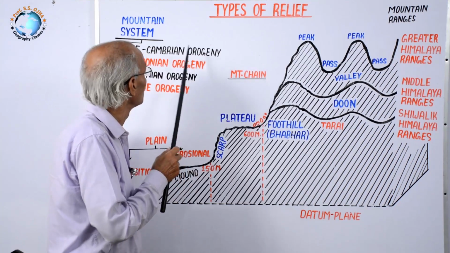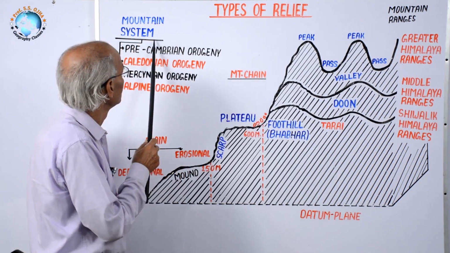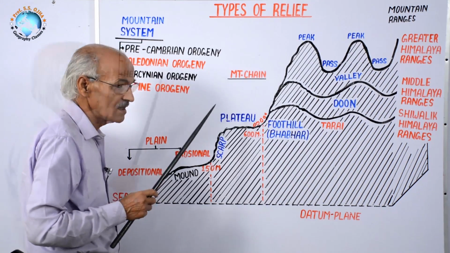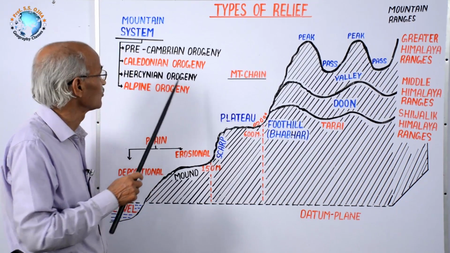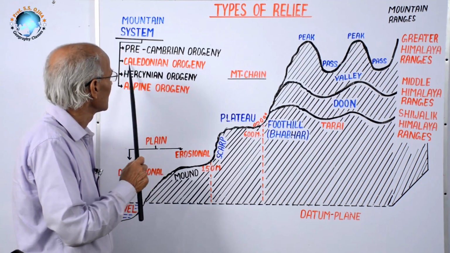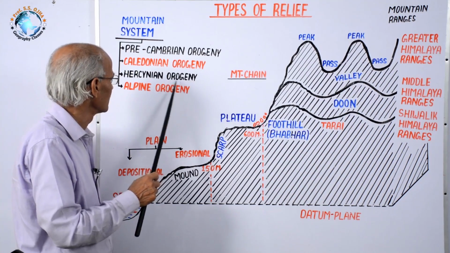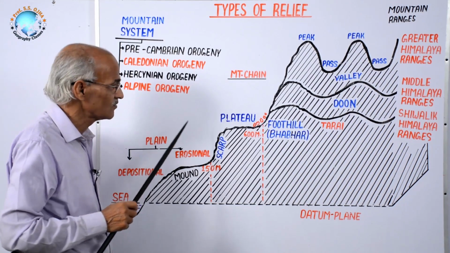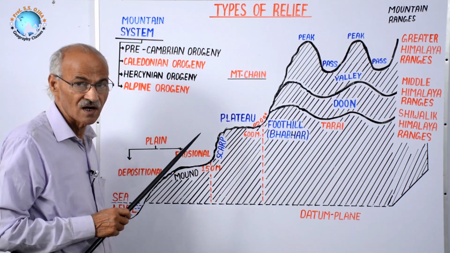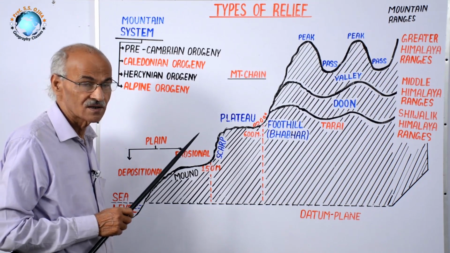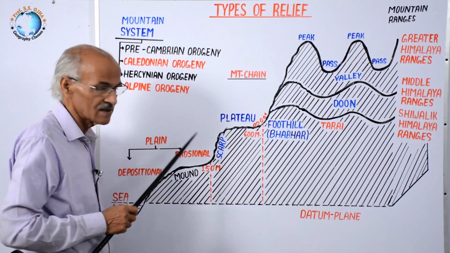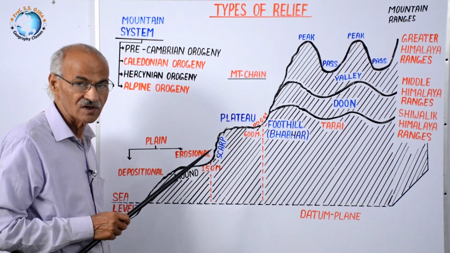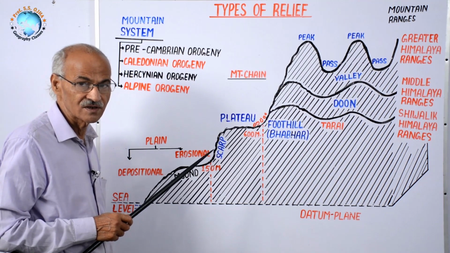Now let us come to know what a mountain system is. System is a vast term. Suppose on the earth there were 4 mountain orogenies: Precambrian, Caledonian, Hercynian and Alpine. We will be seeing these 4 phases of mountain orogeny on a separate world map. During the Alpine period, meaning the latest occurrence of mountain orogeny, several mountains came into existence.